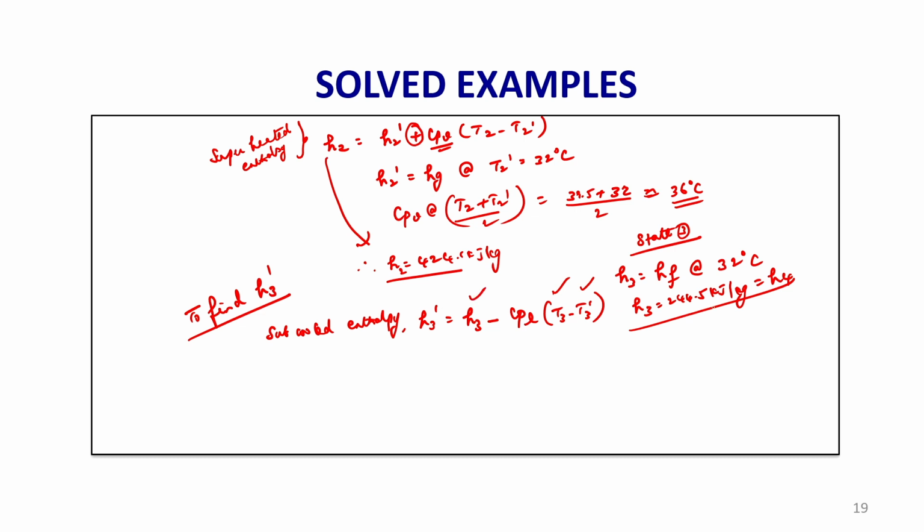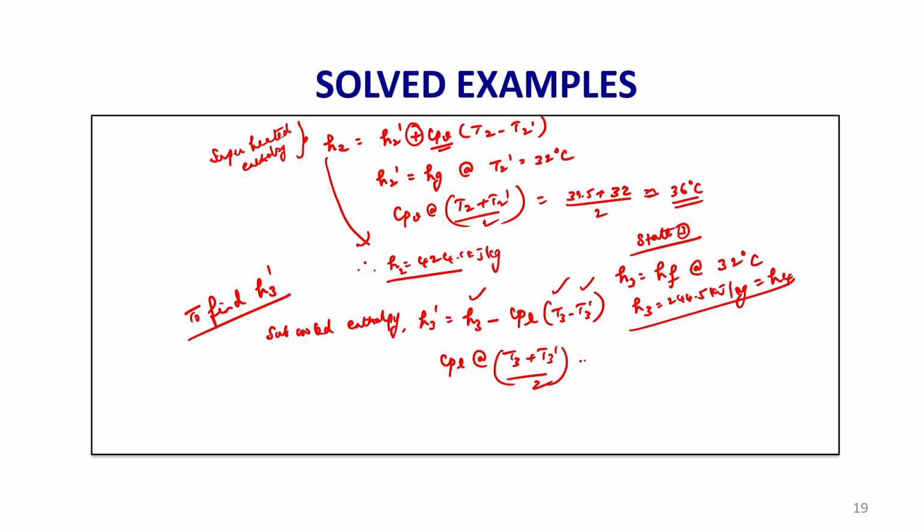H3 I have found corresponding to 32. Cp of liquid I have to find. Again, how to find Cp of liquid? Cp of liquid should be evaluated at the average temperature, T3 plus T3 dash by 2.